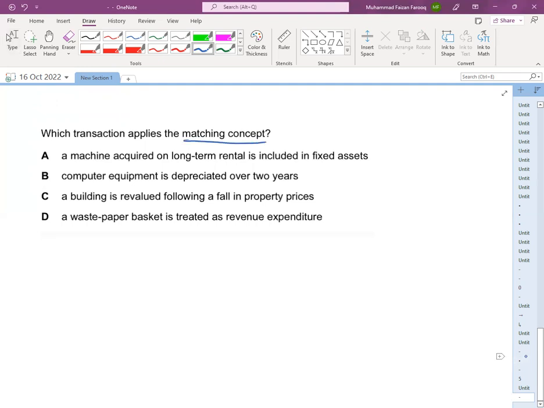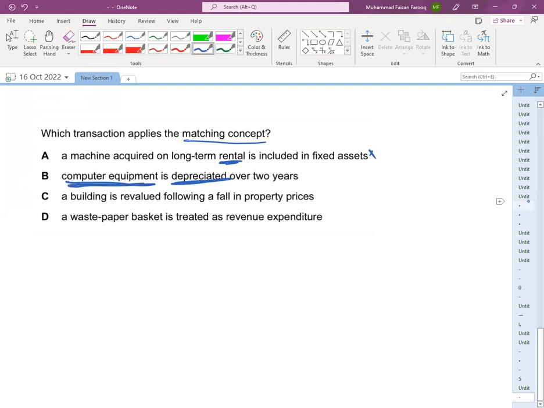Again, a question about the matching concept. Any expense must be matched against income or economic benefits. A machine acquired on long-term rental is substance over form, so it's not the answer. Computer equipment is depreciated. Yes, depreciation of an asset.